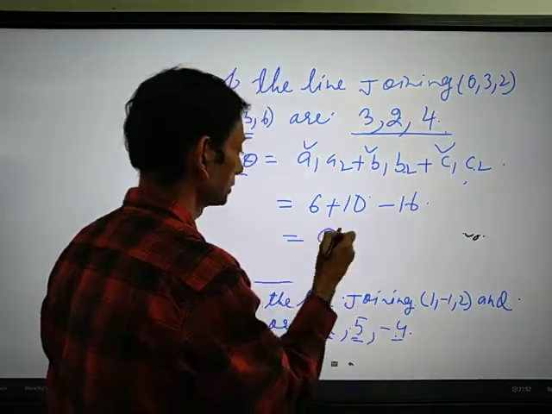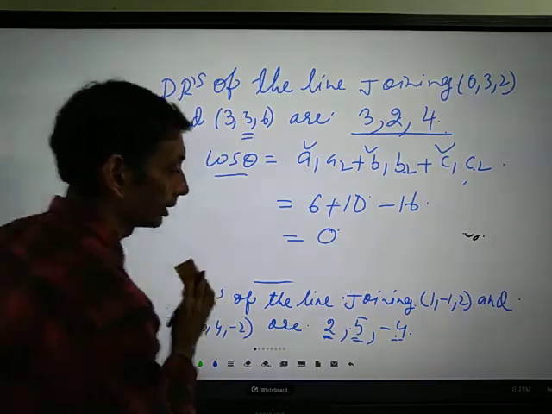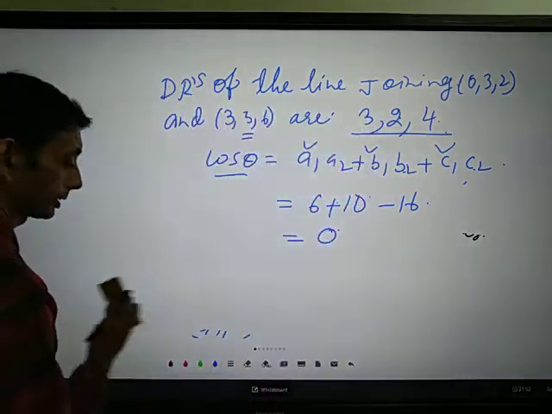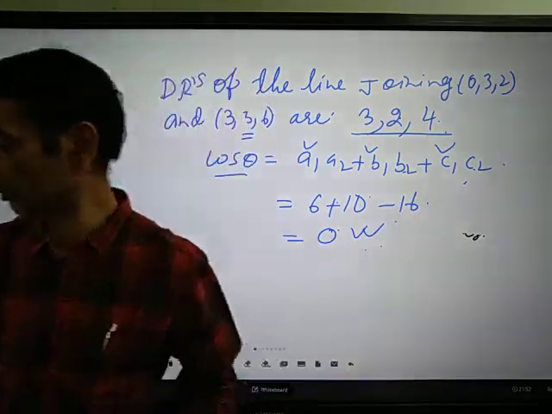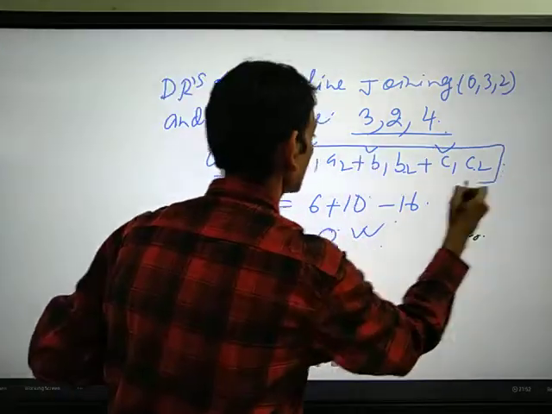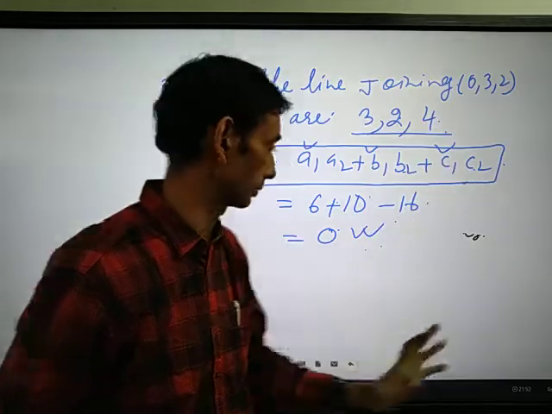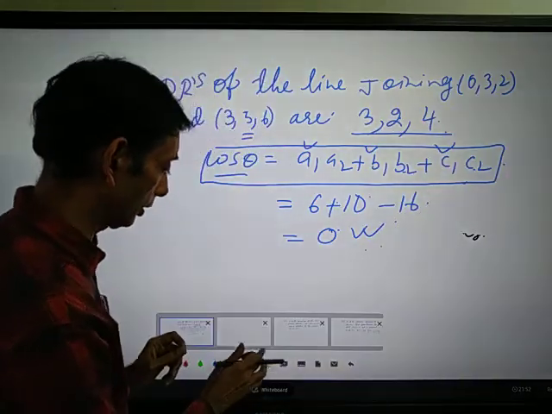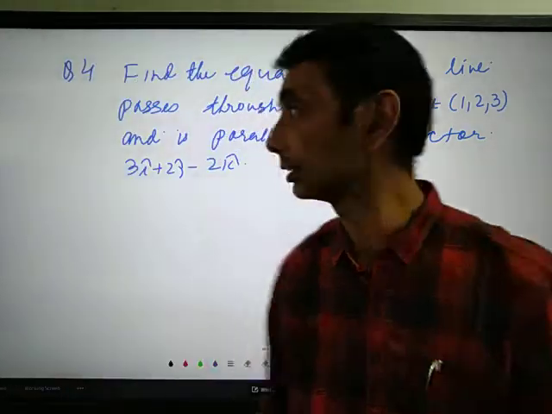So the sum is equal to 0. So cos theta is equal to 0, and therefore the 2 lines are at right angles. Very simple question. We just have to use the relation cos theta equals a1 a2 plus b1 b2 plus c1 c2. Next, we can take another question.